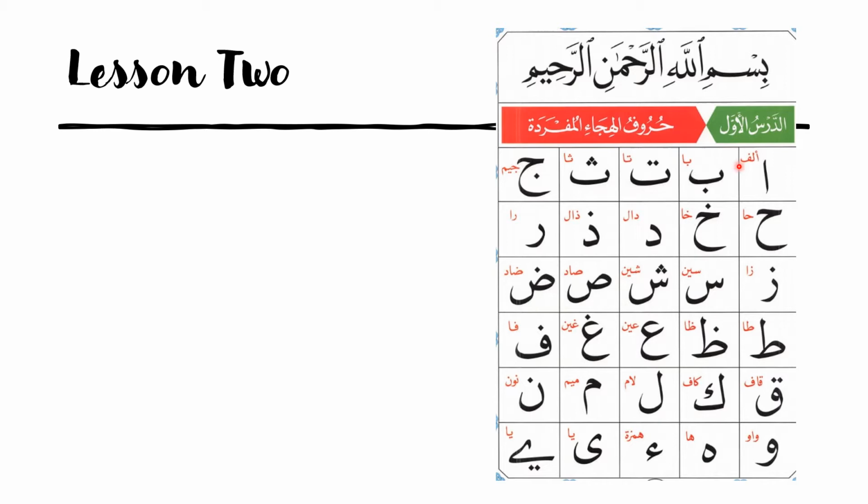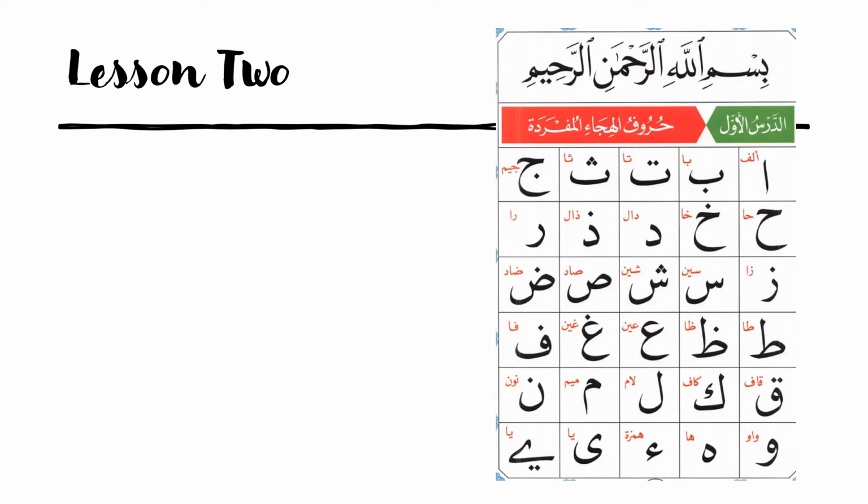So this was the first lesson. These are the names of the letters. So let's start with each letter now. What is the shape? There are 6 letters that the following letter is not attached to them. When we write Arabic, we write the letters attached to each other. In each word, the letters are attached to each other.